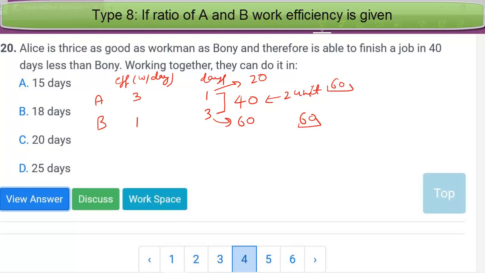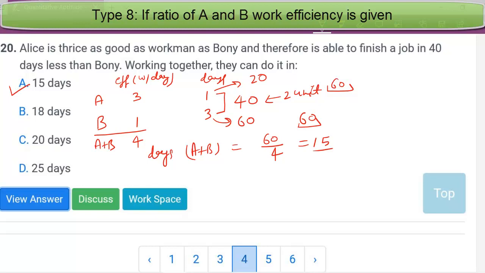So the number of days required by A plus B together to complete this 60 work will be 60 divided by the efficiency of A plus B. A plus B efficiency is 3 plus 1, that means 4. So 60 by 4 is equal to 15 days. So 15 days is the answer, option A. You can also arrive at this answer directly.